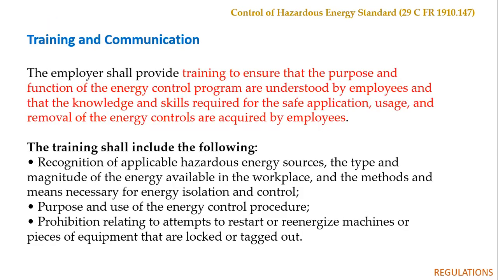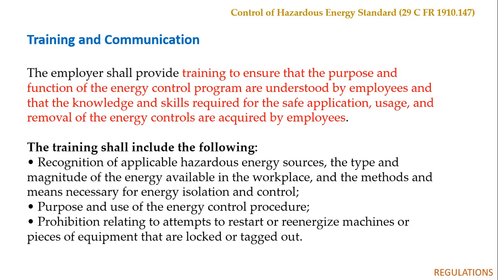So the next part of the energy control program is the training and communication. The employer shall provide training to ensure that the purpose and function of the energy control program are understood by the employees and that the knowledge and skill required for the safe application, usage, and removal of the energy controls are acquired by the employees.